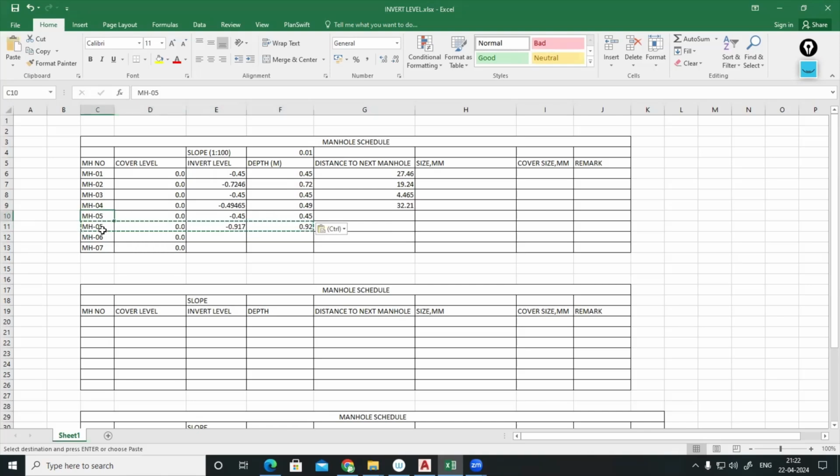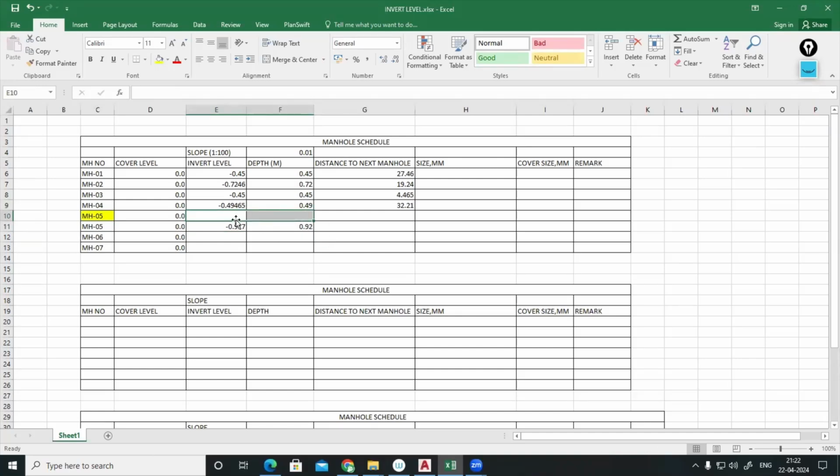Now manhole number 5, I am just comparing it. What about the depth? This was manhole number 2 to 5. Now 4 to 5, the depth is coming higher than 0.92, then I have to adjust it. So let me do the calculation.